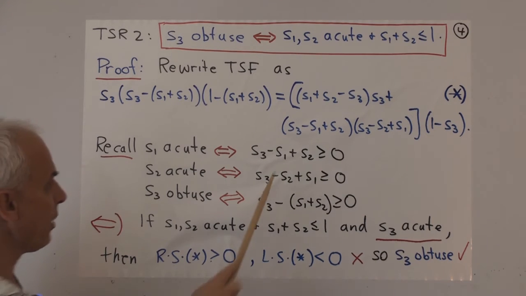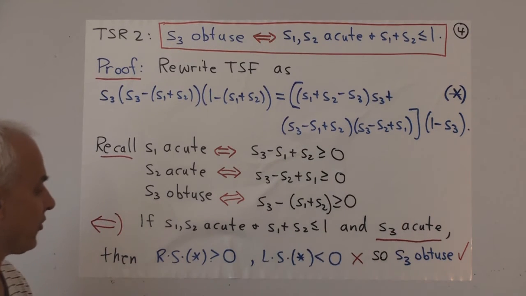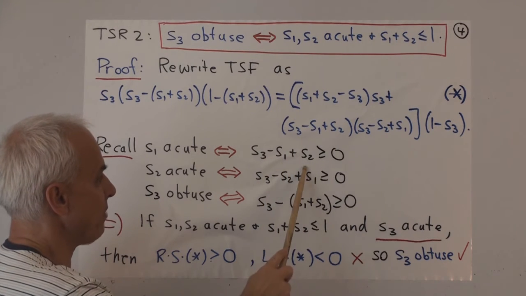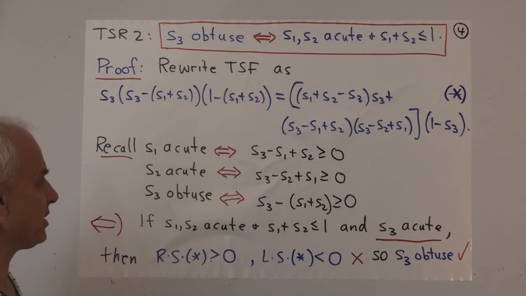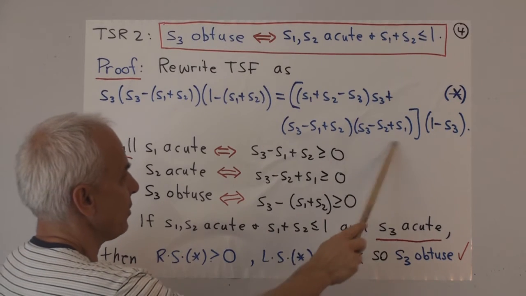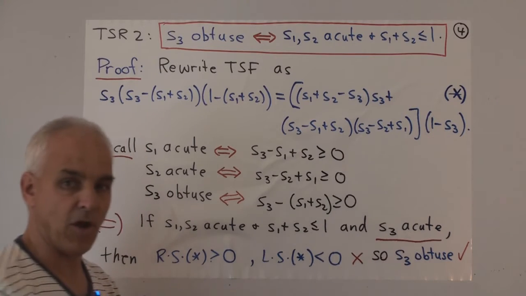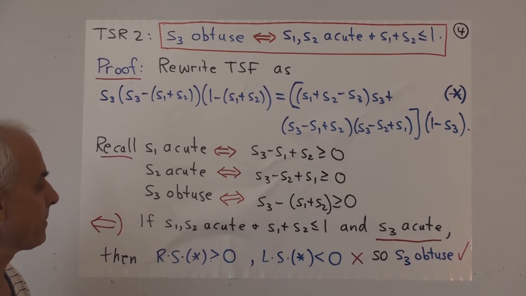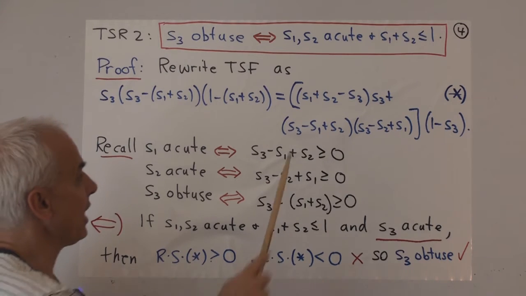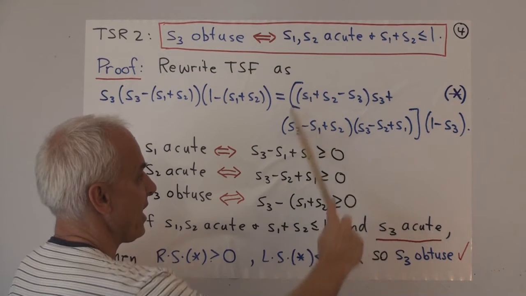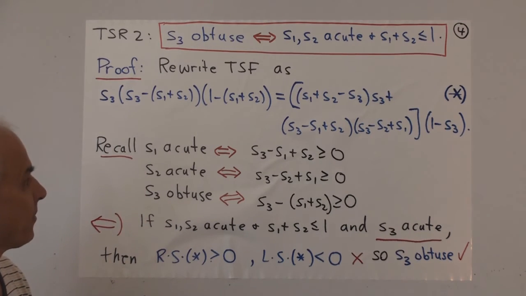How do we do that? Well, we look at this formula called star. The right-hand side is going to be positive because S1 is acute, and so is this one. This is always positive because the spread is always between 0 and 1. If S3 is acute, then S1 plus S2 is bigger than S3, so this is also positive, so the right-hand side is strictly positive.